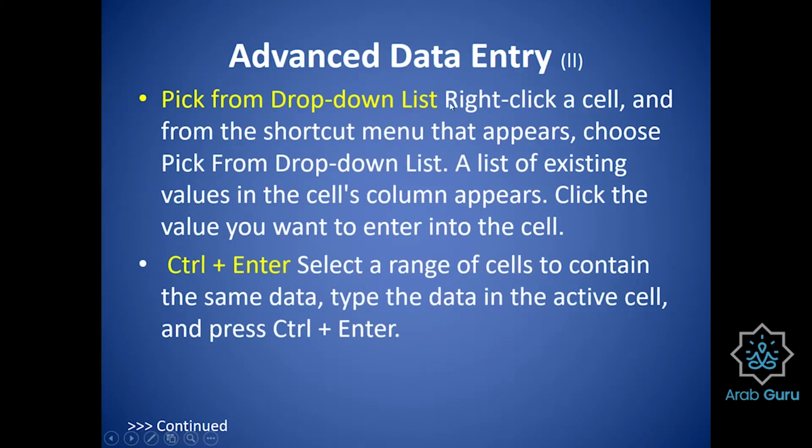Pick from a drop-down list and Control Enter. That means also when I come to the end of this column and push Alt plus down arrow, I can see a list of unique values of whatever was typed.